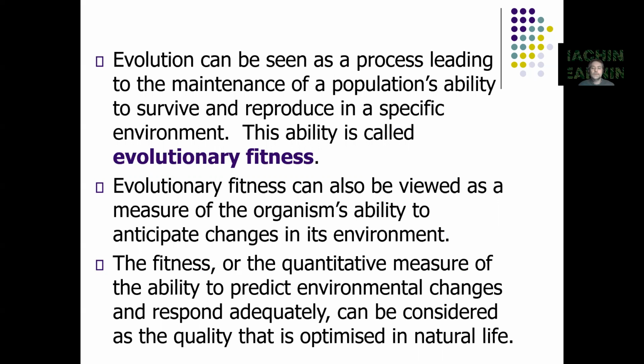This is a measure of the organism's ability to predict changes in the environment and adapt. In a GA algorithm, this kind of evolutionary fitness is represented by a form of cost function or objective function, basically an equation that we use to calculate the performance of the different members of the population and make decisions.